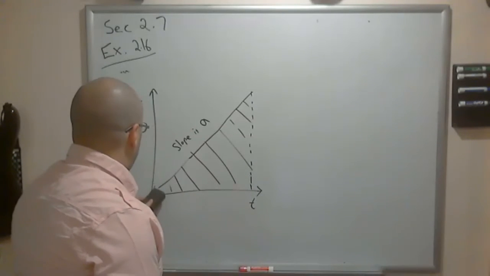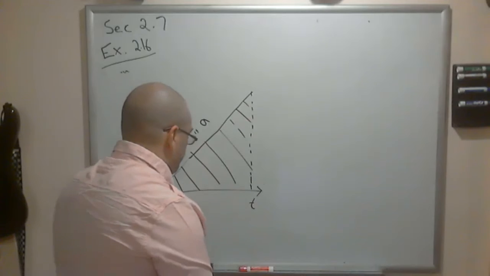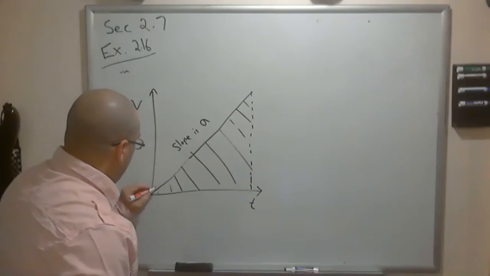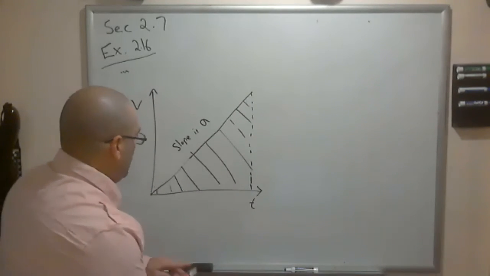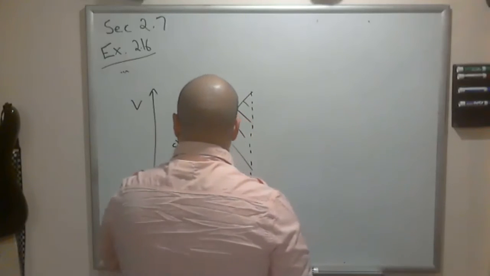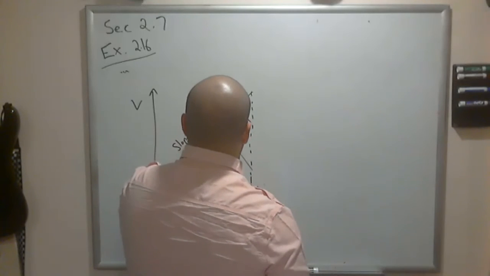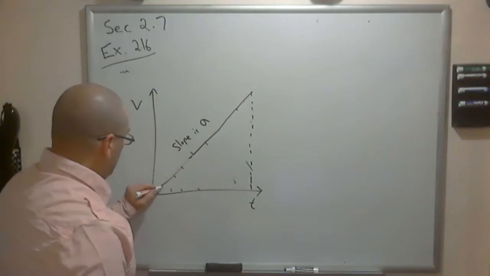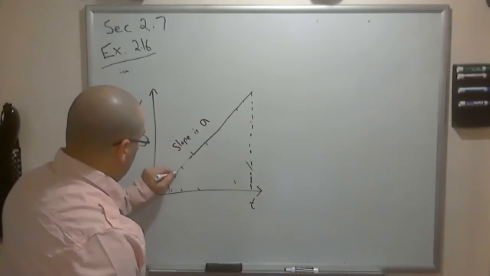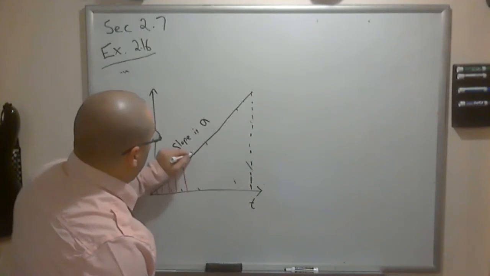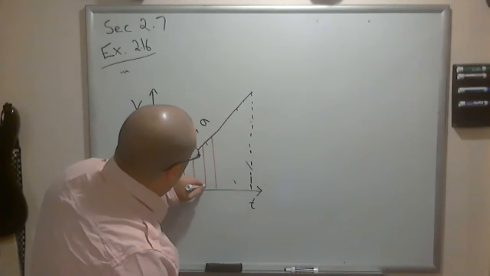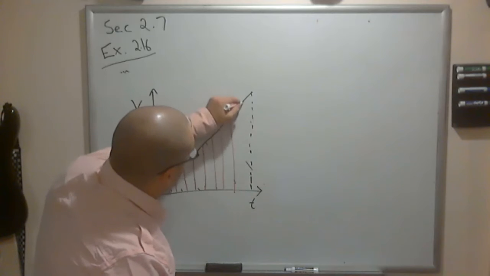Let me use a different color. So all the integral is doing is adding up, so it's measuring the velocity at each point, and it's adding it all up into one quantity.